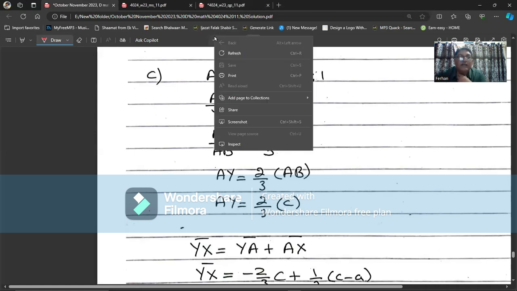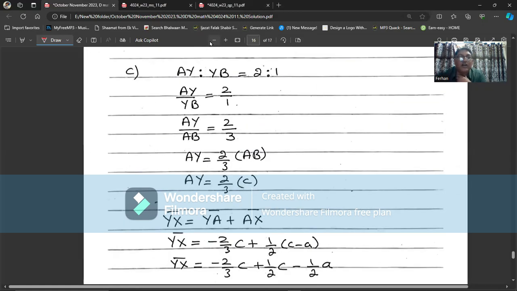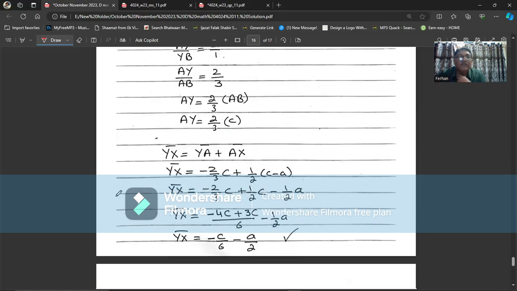Then because we want to find out the value of the YX, YX will be from Y go to A, from A go to X. So YA plus AX. YA will be minus 2 by 3C plus, and AX is 1 by 2 of the C minus A. So you will have minus 2 by 3C plus 1 by 2C minus 1 by 2A.